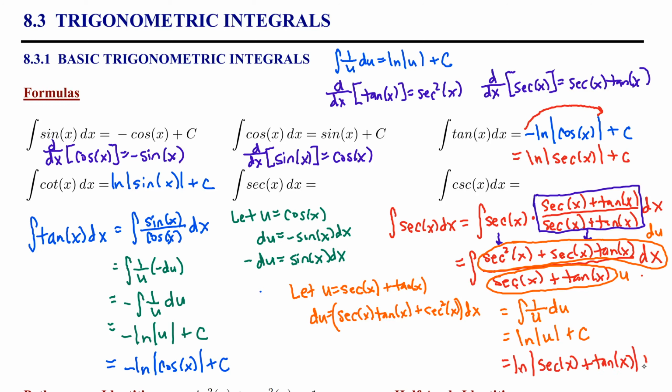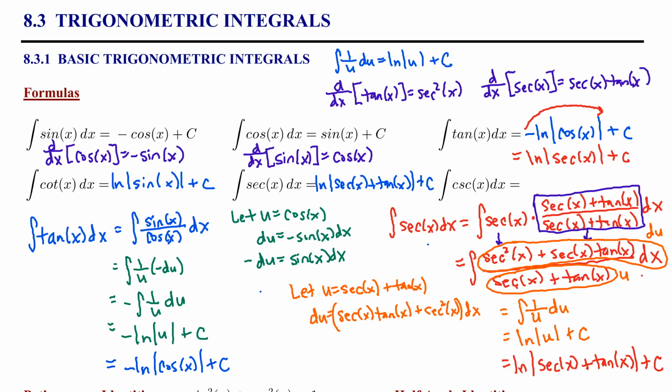So by that clever algebraic trick, by introducing that interesting factor on the top and the bottom, we were able to obtain something that we could integrate with a u substitution. So we can add to our list of formulas: the integral of secant of x dx is equal to the natural log of the absolute value of secant of x plus tangent of x plus our arbitrary constant of integration.